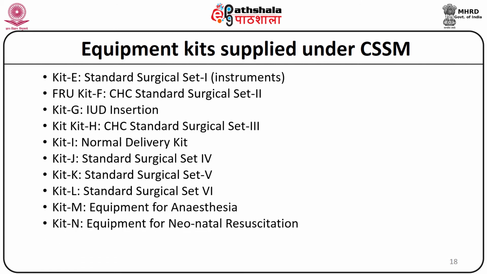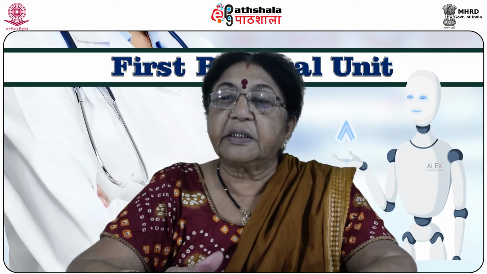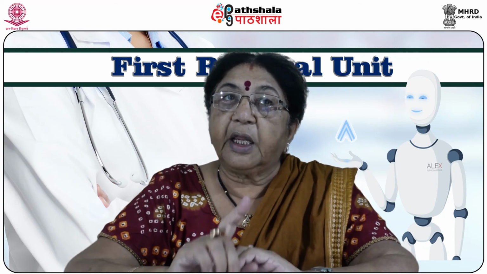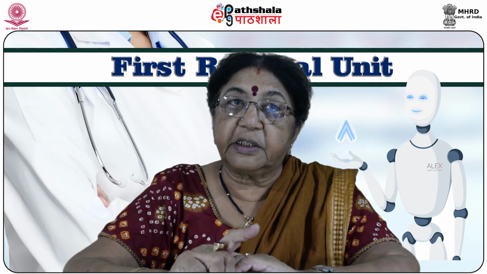Now, what are the emergency equipment kits which are being provided under the child survival and safe motherhood? The standard surgical set, that is instruments. You have the CLC standard surgical sets, IUCD insertions, then you have the normal delivery kits. Standard surgical set again for 4 and 5 and the 6, plus the equipment for anesthesia, and most important, equipment for neonatal resuscitation.